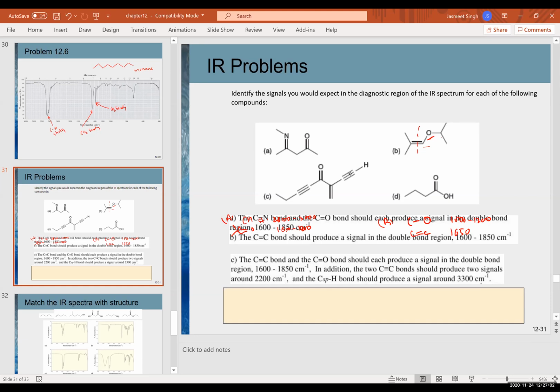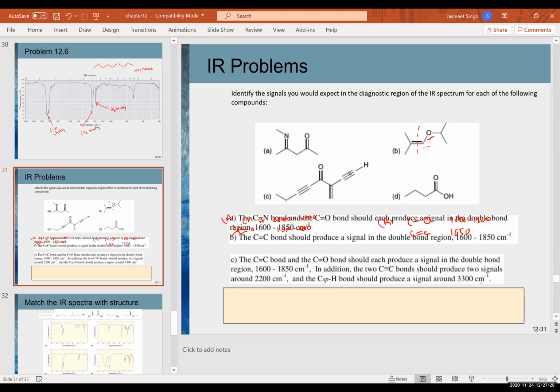Last one, D. It's a carboxylic acid. So what do you expect to see? The OH. And what kind of OH? Stretching. Yeah, and anything unique about this OH signal?